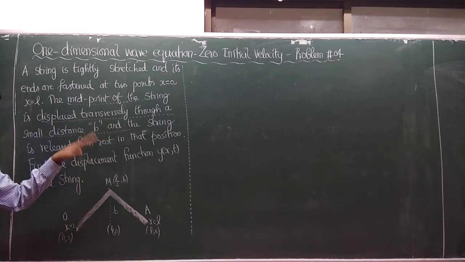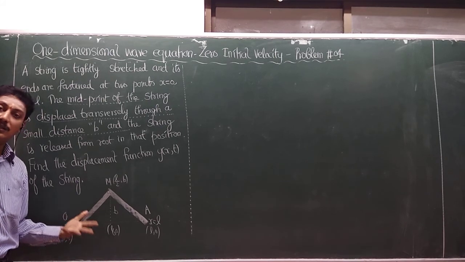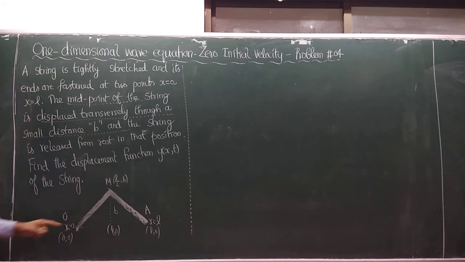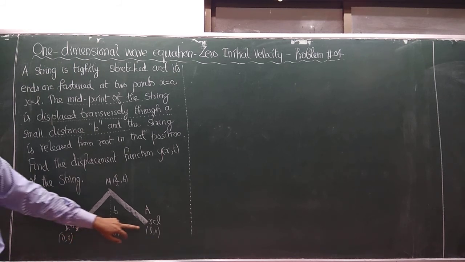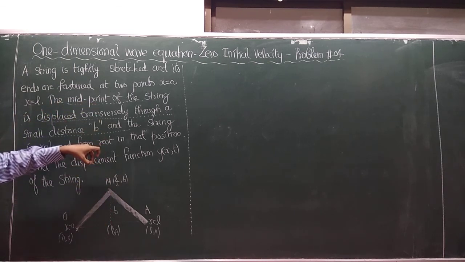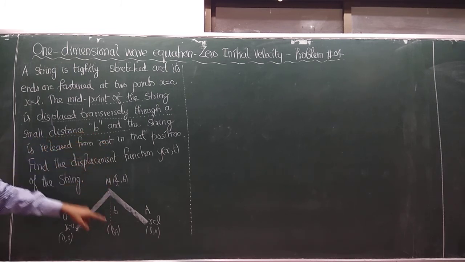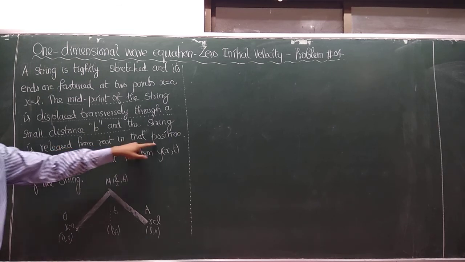So during the subsequent motion, what will be the displacement function of the string? That is the question here. Once again, a string is tightly stretched with its ends at x equal to 0 and x equal to L. The midpoint of the string is displaced transversely through a small distance b, and the string is released from rest in that position.